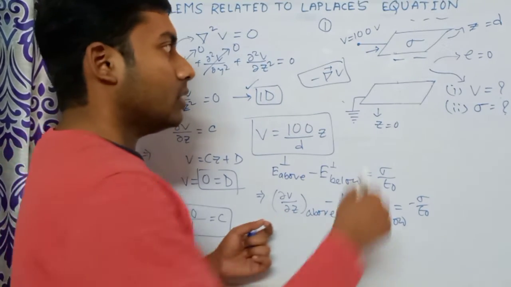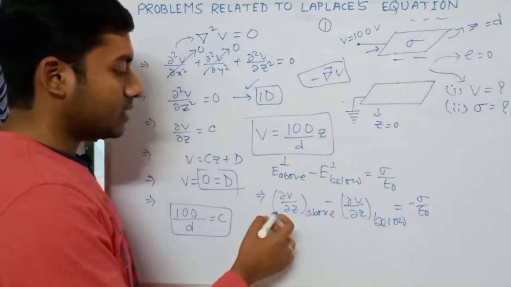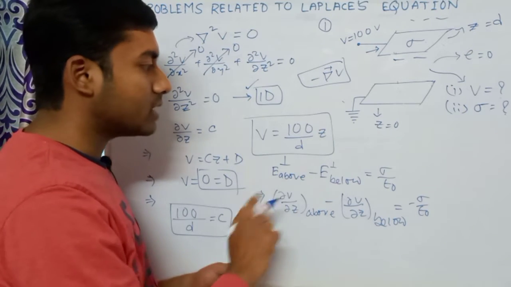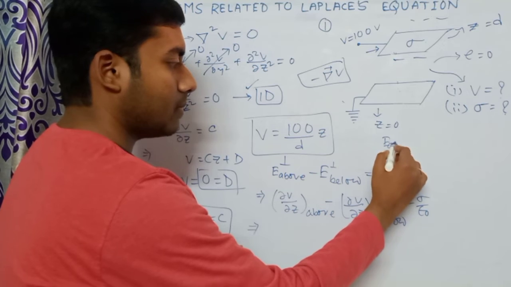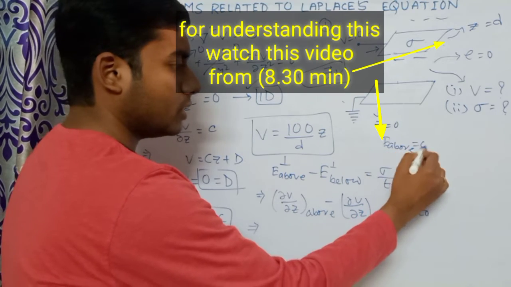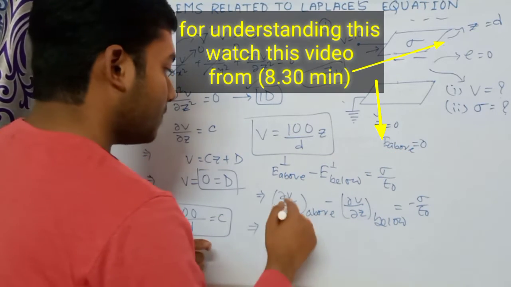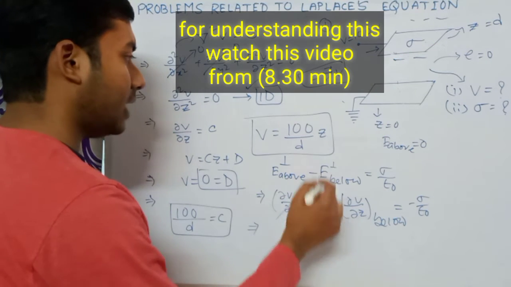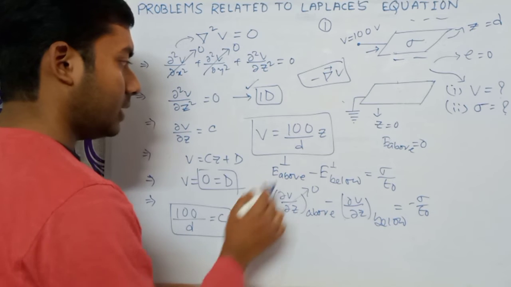You know that the electric field above is equal to 0. E above is equal to 0, right? So this term will vanish, and this term we have calculated, and that is this.